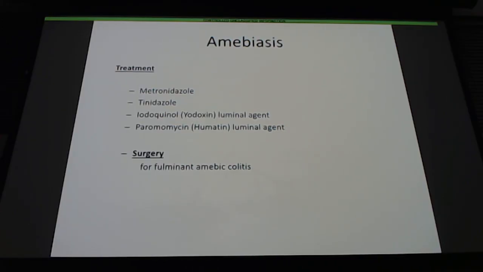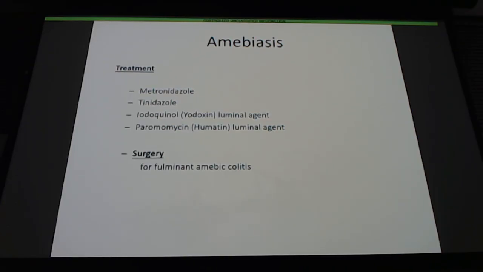Okay? It'll be 2 meds for extra-intestinal. The ones that say luminal agent will be treatment for asymptomatic people. Okay, if you are asymptomatic, you only need a luminal agent.